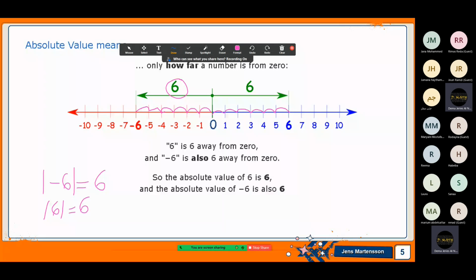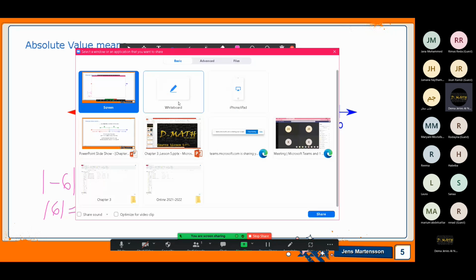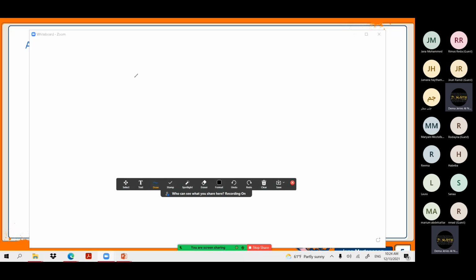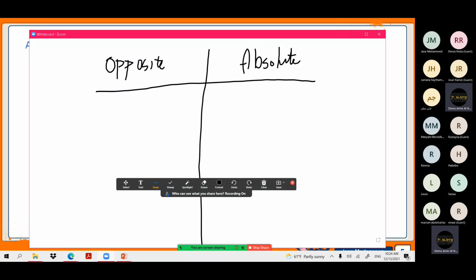So is there a difference between the opposite and the absolute? Yes, there is. What will the difference be? Like as you see here, this is the opposite and this is the absolute. The opposite of 5, the opposite of -5, the opposite of -2.5 as an example.